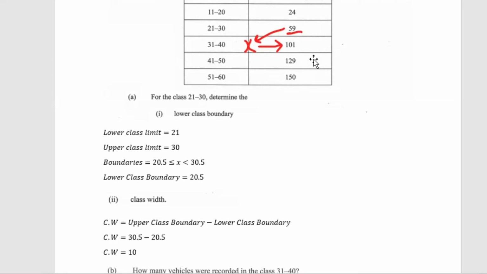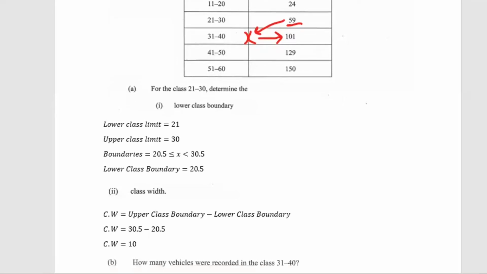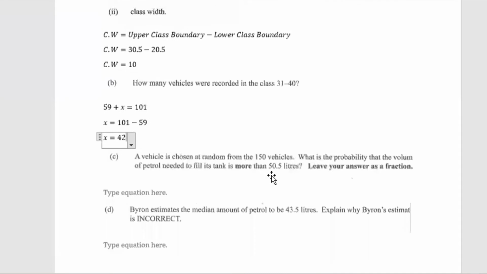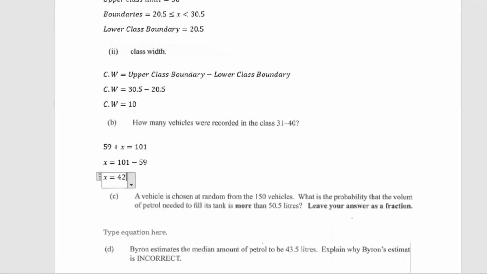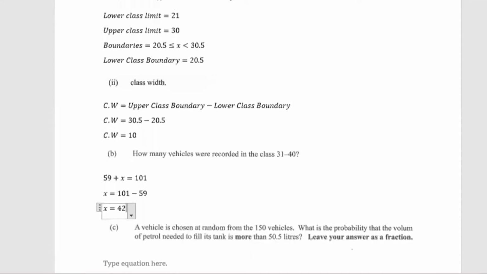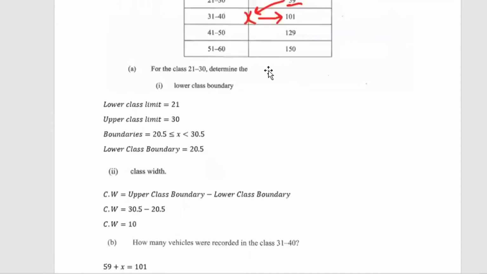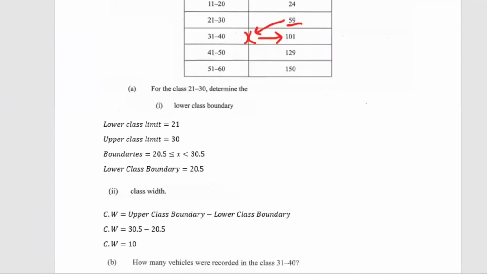So therefore, what we need to know is how many vehicles were recorded in this class, the 51 to 60, since the question asks how many vehicles required petrol that is more than 50.5. So we want to know how many vehicles required a volume that is greater than 50.5, which would have been in this class of 51 to 60.